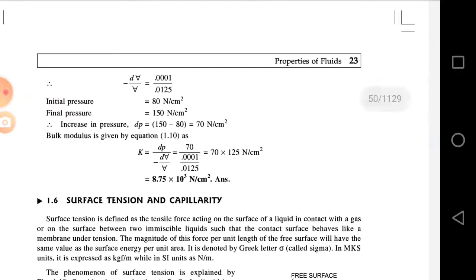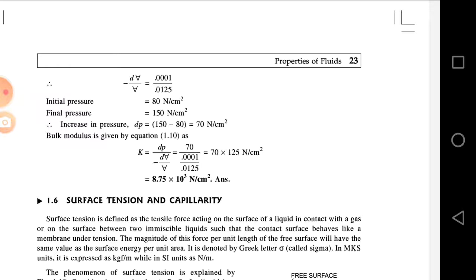Volumetric strain is 0.001 divided by 0.0125, and initial pressure is 80 Newton per centimeter square. Final pressure is 150 Newton per centimeter square.